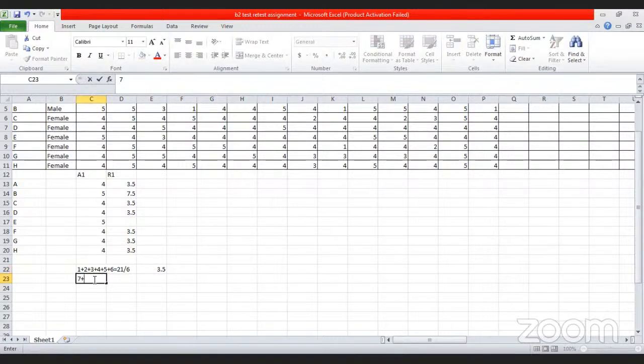7 plus 8 is equal to 15. 15 divided by 2, because 5 is there 2 times, so that is 7.5. Likewise, we have to do the rank.